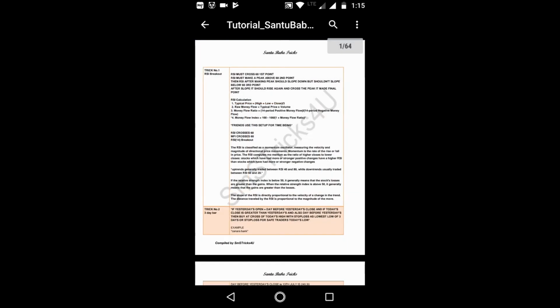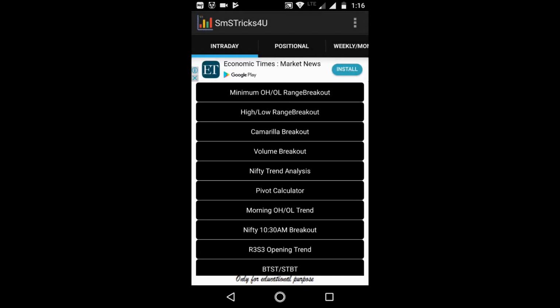This PDF has more than 100 pages. If you are a novice trader and don't know anything about technical analysis, this is the area where you should focus more. You have an entire description of each and every strategy. Just go through it and start learning how exactly it needs to be implemented. Once you are done with this, then come back to the application.